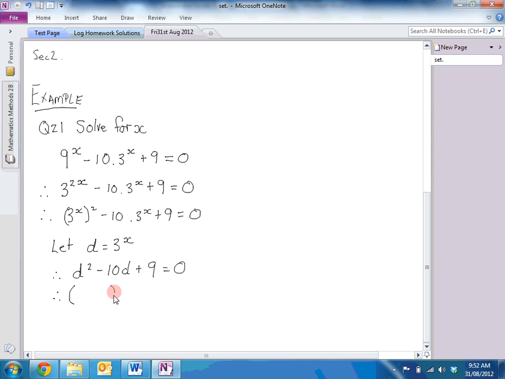So we'll put our brackets in. I think this one will factorise nicely, equals 0. And so we're going to look at a d and a d. And then what else are we going to look at there? It's going to need to be minus 9 and minus 1. So d is equal to 9 or 1.